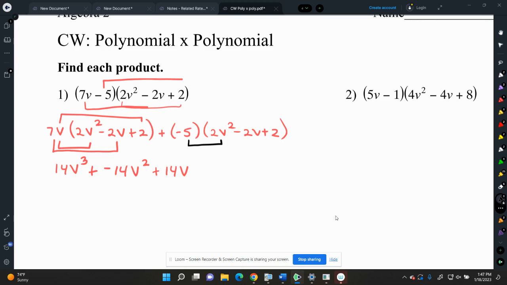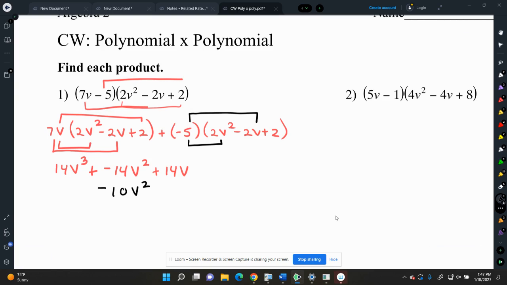Okay. Thank you. So this is negative 10v squared. What I like to do is line up the like terms. So this is minus 10v squared. I'm going to write it under the other v squared. And then I have negative 5 times negative 2v.